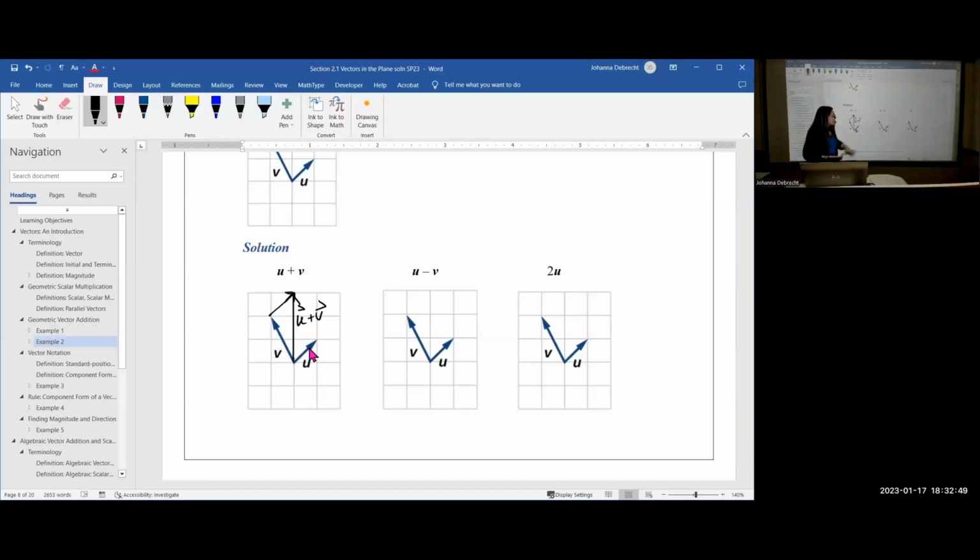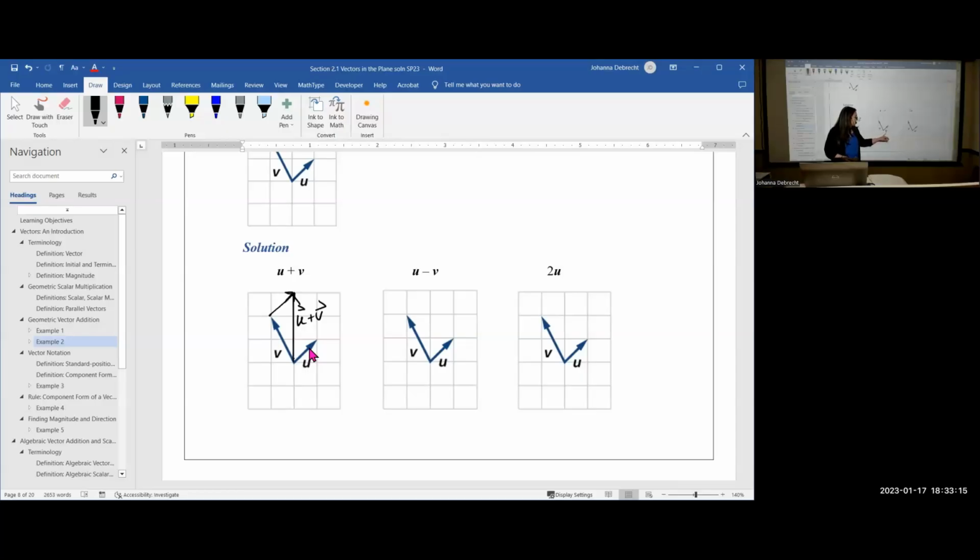All right. Now let's take a look at u minus v. To do u minus v, I have to take u and put negative v nose to tail at the end of u. Negative v: v goes up 2, left 1. So negative v is going to go down 2, right 1. That would put it 180 degrees, so total opposite. Instead of up 2, I go down 2.